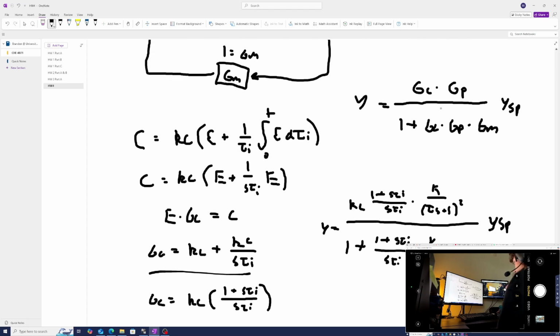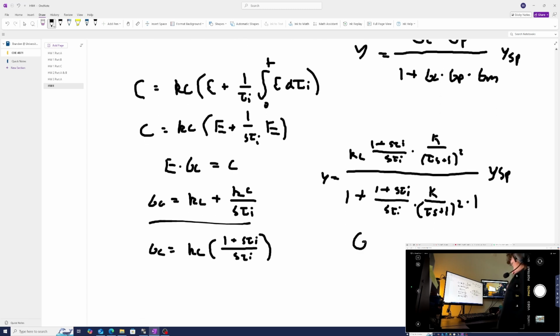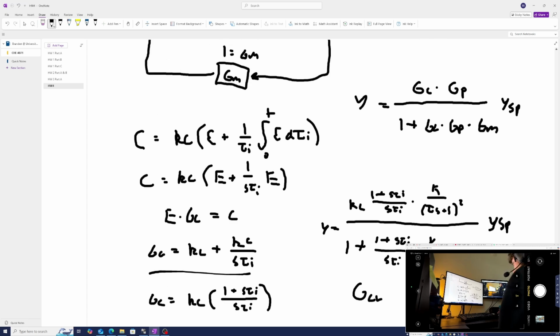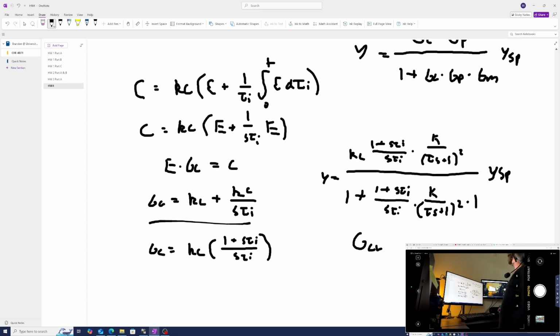So this now becomes just our GCL, our closed loop. So now we can move on and do our final value theorem analysis.